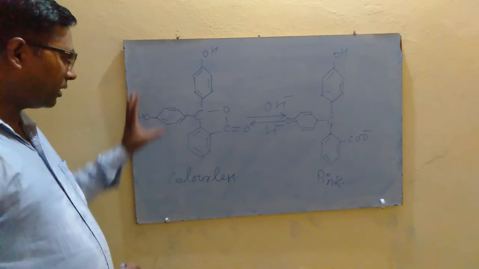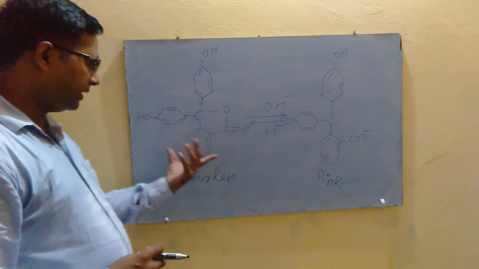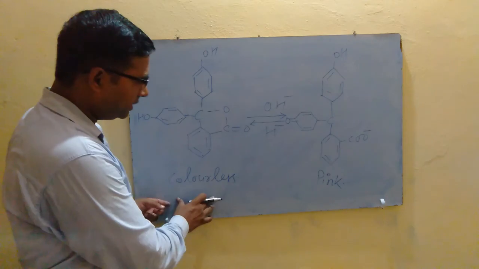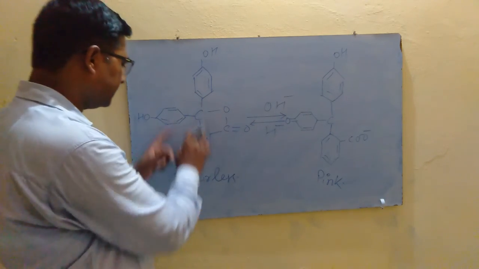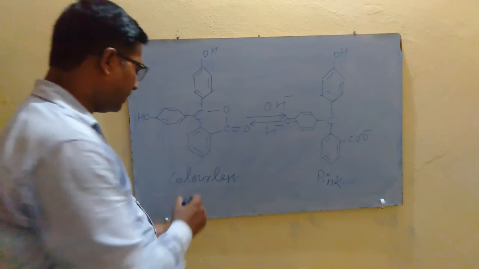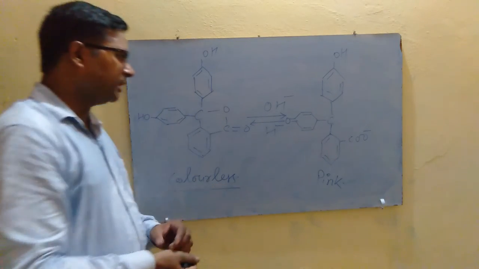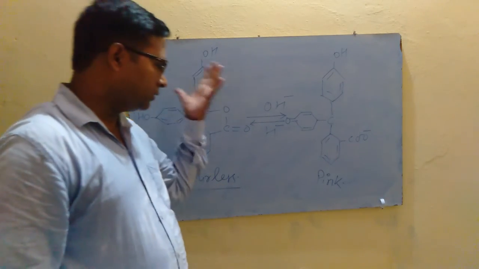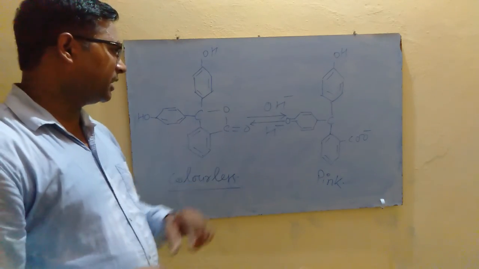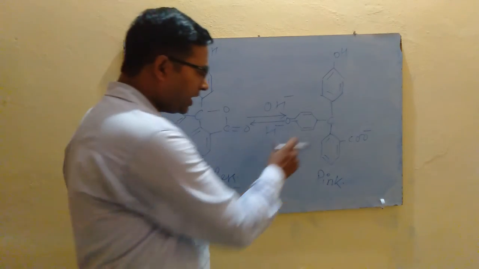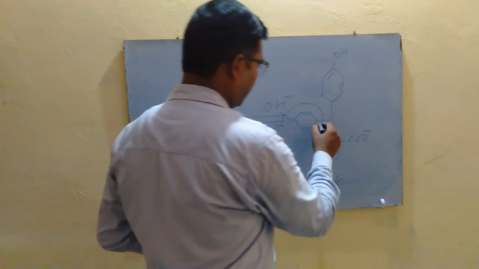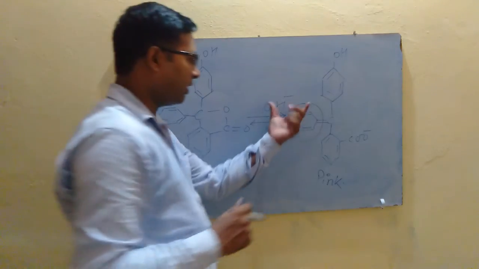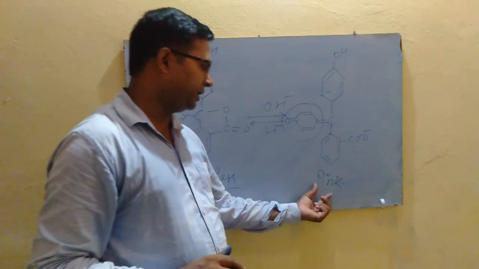The color of this phenolphthalein indicator is colorless in acidic medium. When the medium is acidic, it exists in benzenoid form, and therefore its color is colorless. When the medium of the solution is basic in nature, in that case it exists in quinonoid form, and the color of quinonoid form of this indicator is pink in nature.